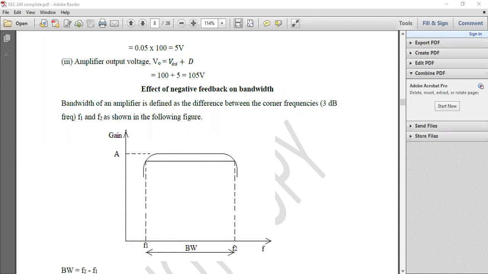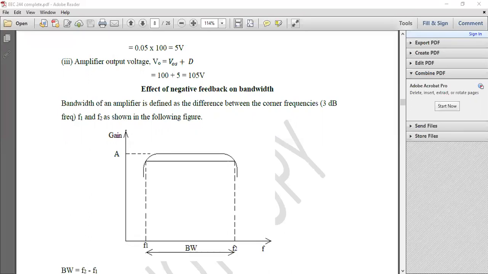We have F1 prime and F2 prime, whereby F1 prime is the lower 3 decibel frequency after feedback, and F2 prime is the upper 3 decibel frequency after feedback. So the amplifier with feedback affects those frequencies in this manner. F1 prime equals F1 divided by 1 plus beta A. And then F2 prime equals F2 multiplied by 1 plus beta A.